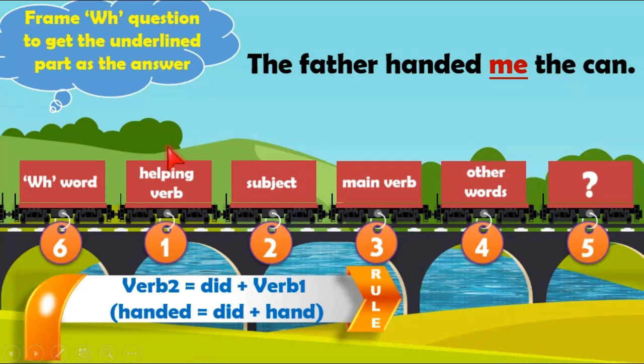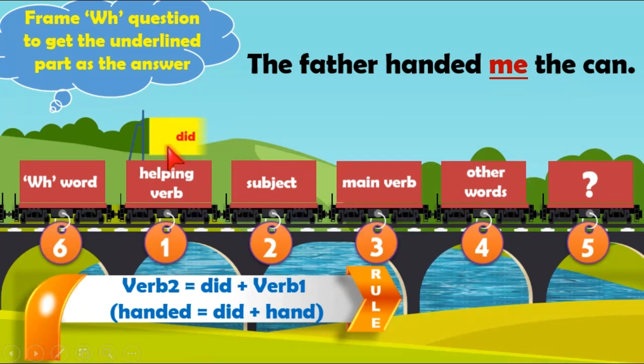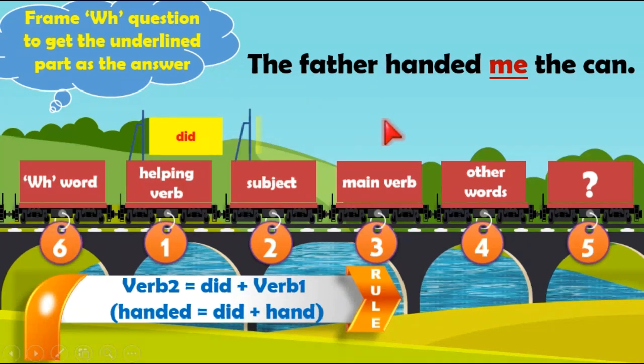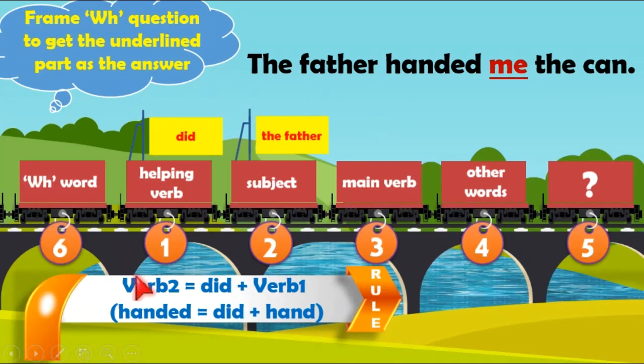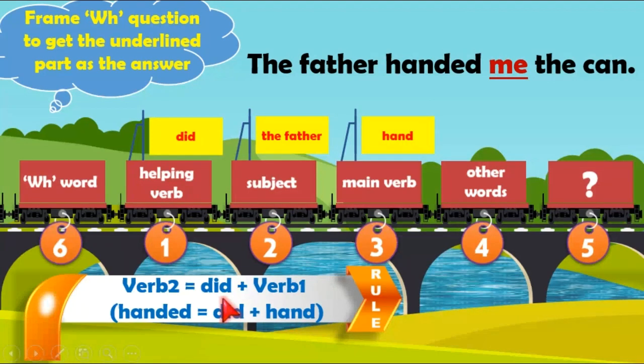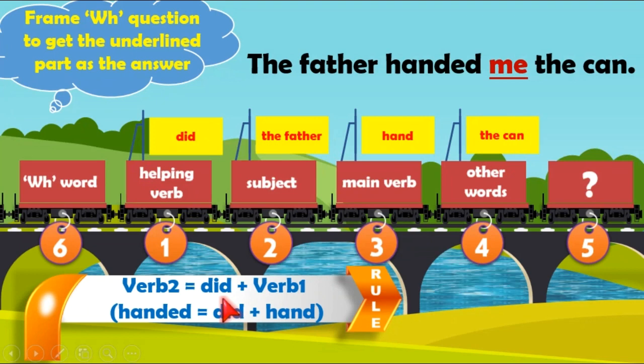So what is the helping verb here? Did. Then the subject. What is the subject? The father. Main verb, hand. You never write handed. That means did plus hand is equal to handed, verb 2 is equal to did plus verb 1. So you should write hand. Then the other words.